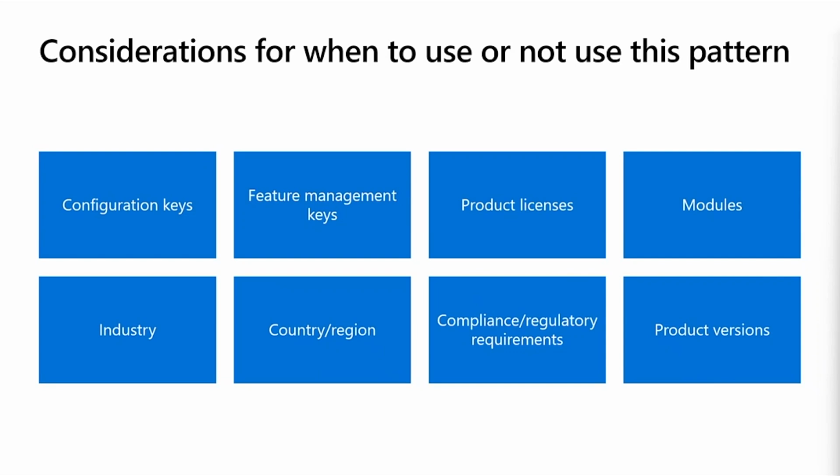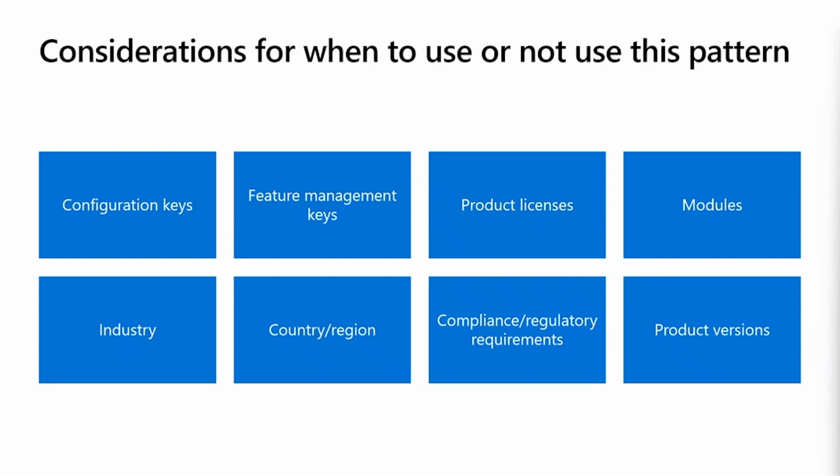And that can be true of capacity as well. So if there's limitations on how many you can do from a licensing standpoint, like if we offer 1,000 out of the box, but if you do more than 1,000, you need to purchase additional licenses, make sure that that's included in your when to use and when not to use.